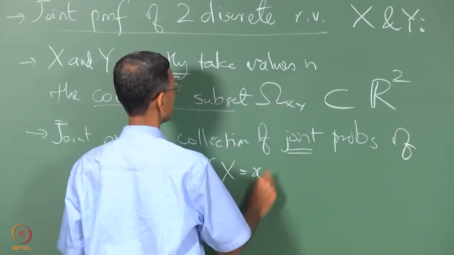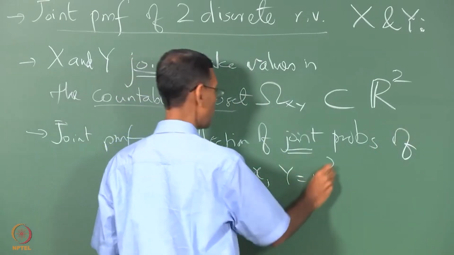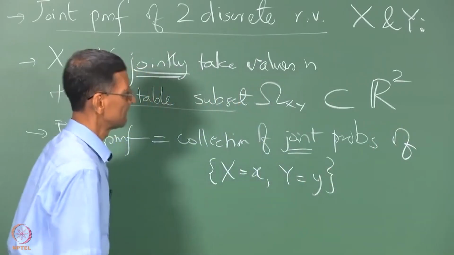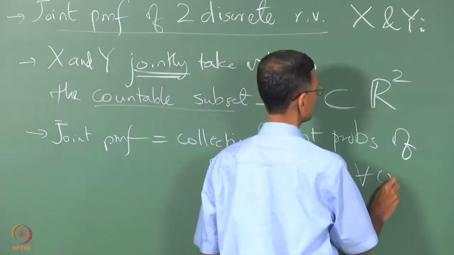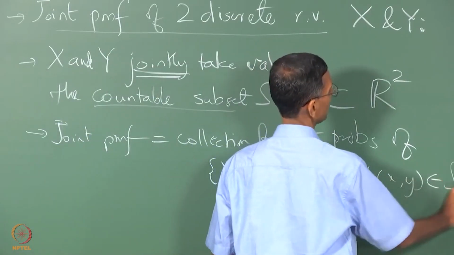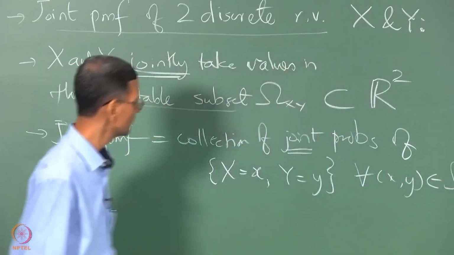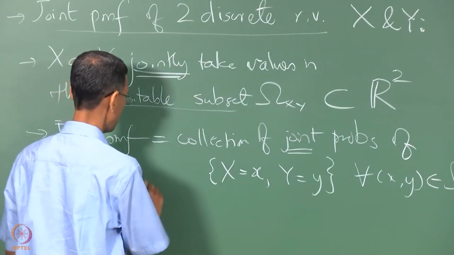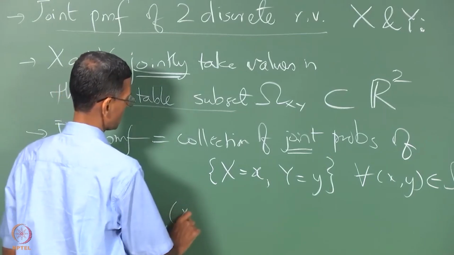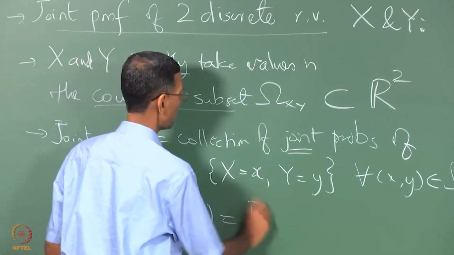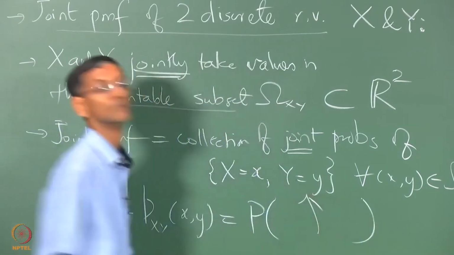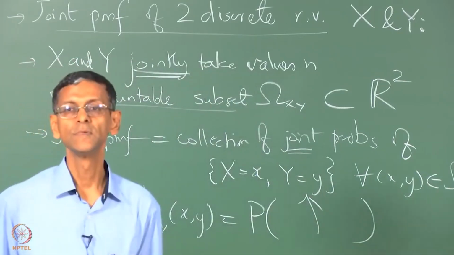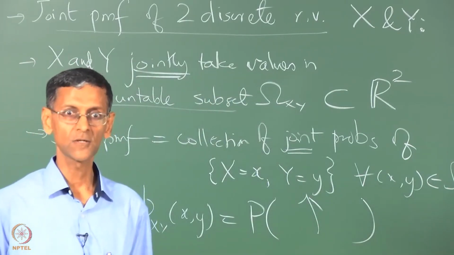X equal to x and Y equal to y, for all (x, y) pairs inside Omega_XY. In other words, the notation we write, P_XY(x, y), is the probability of this event. Any questions on this?